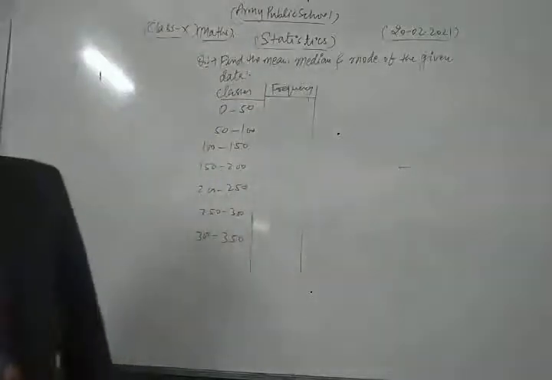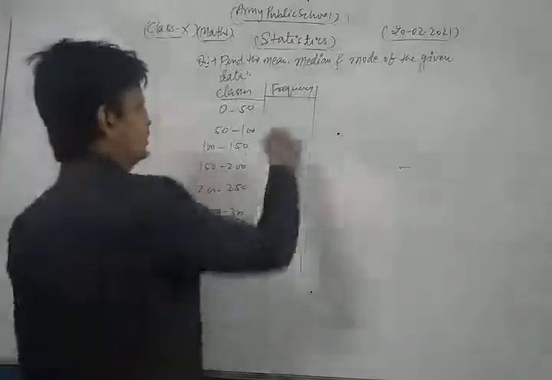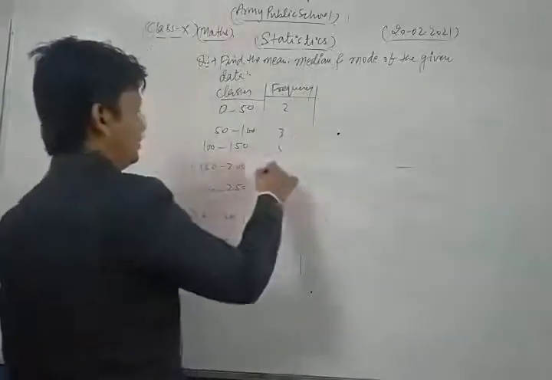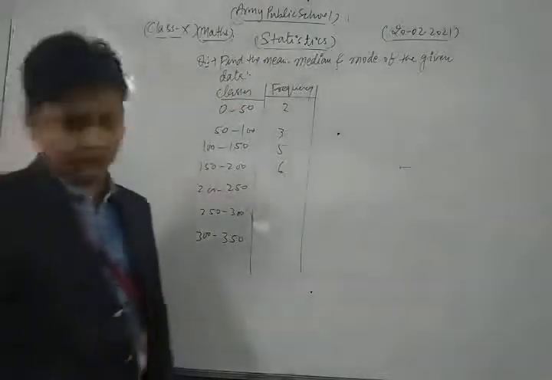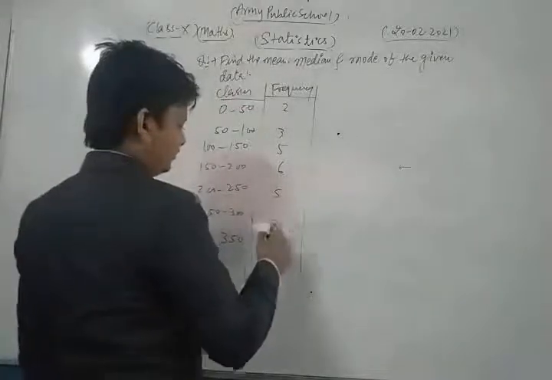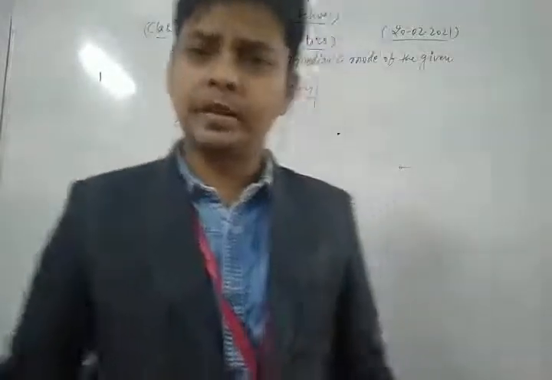Now add the respective frequencies: 2, 3, 5, 6, 5, 3, 1. Okay, this is the given question, and we just find the mean, median and mode.